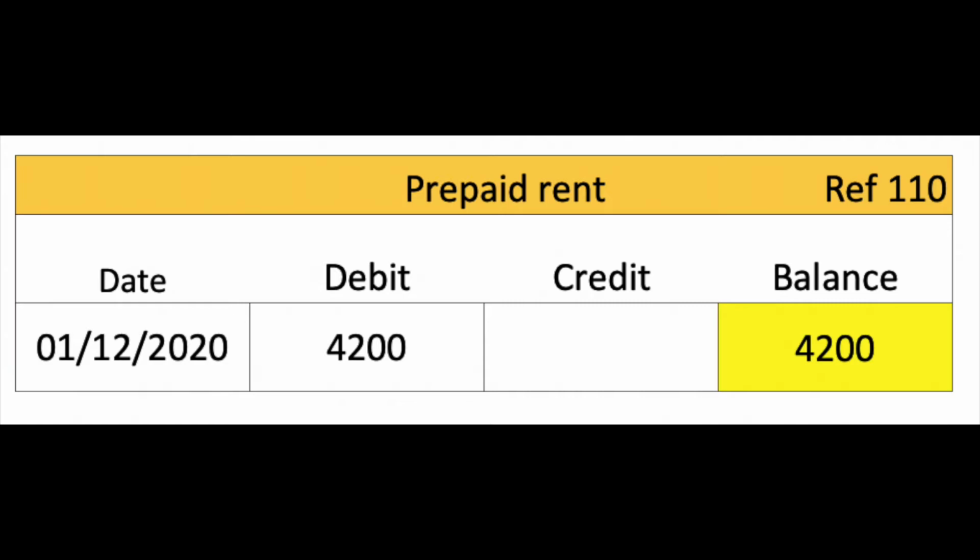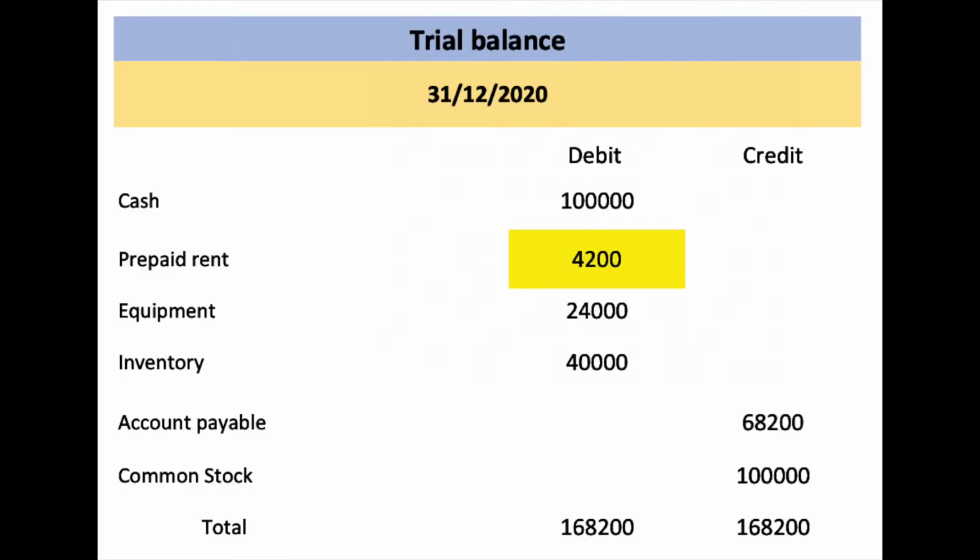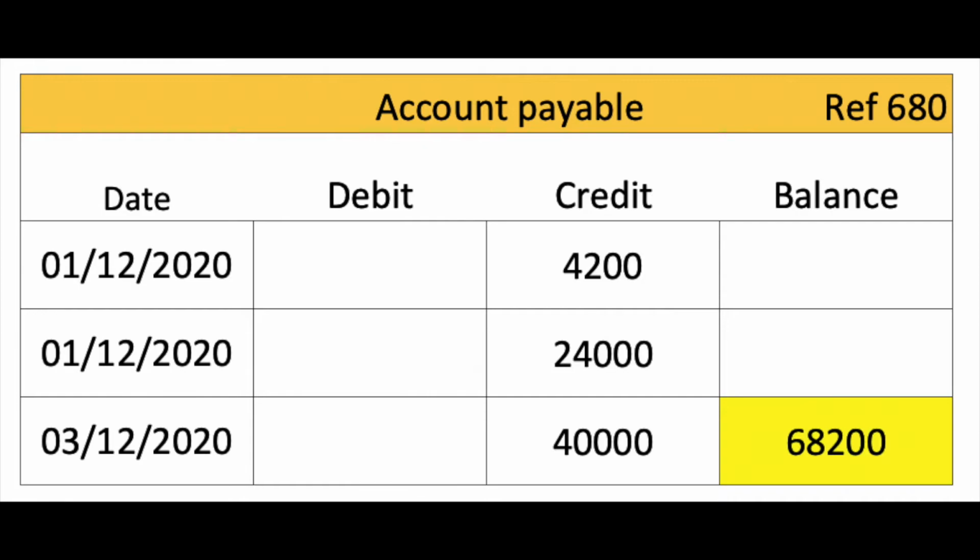Three. $4,200 of prepaid rent in account number 110 is transferred to the trial balance. 4. $68,200 of account payable in account number 680 is transferred to the trial balance.